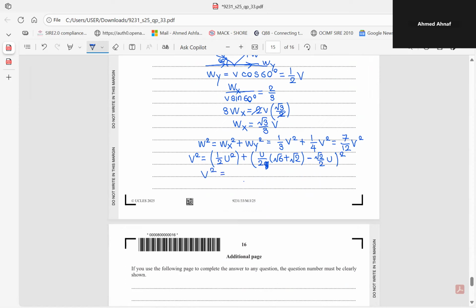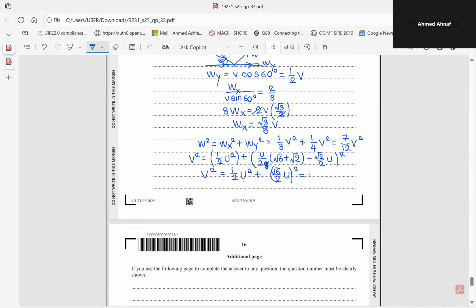So V squared is half U squared plus, so you just get square root 6 over 2 U squared. Okay, and this is equal to square root 6 over 2 squared plus half.